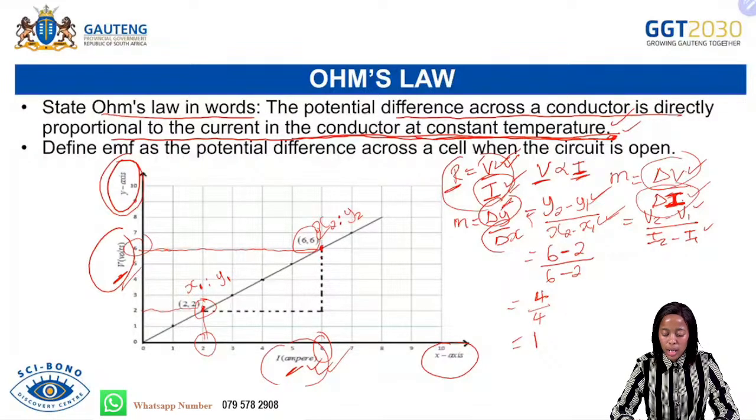So how do you then use this? If they say calculate the resistance, they are basically telling you to calculate the gradient. Firstly, you calculate the gradient.